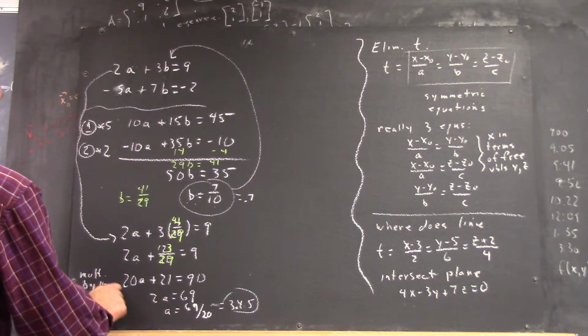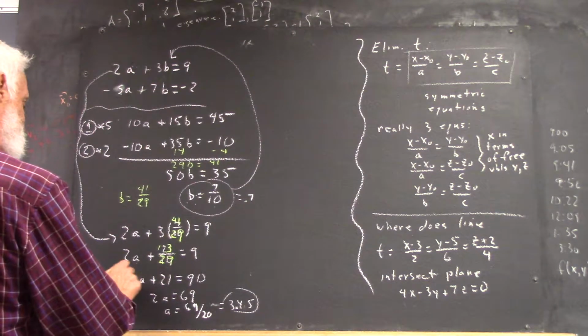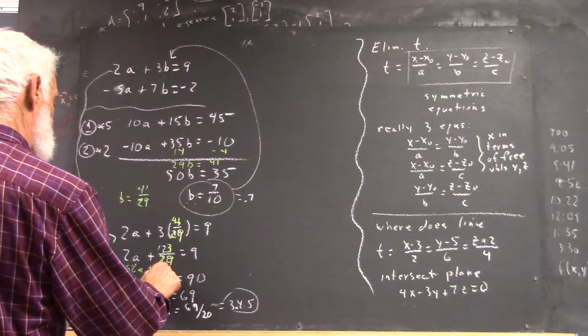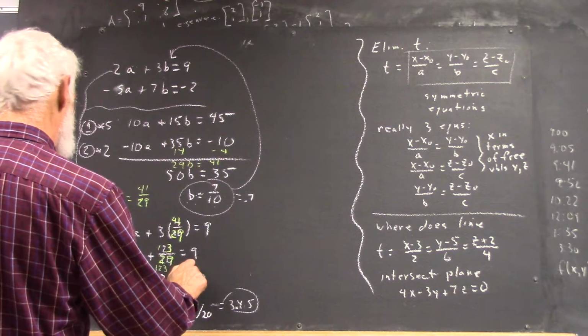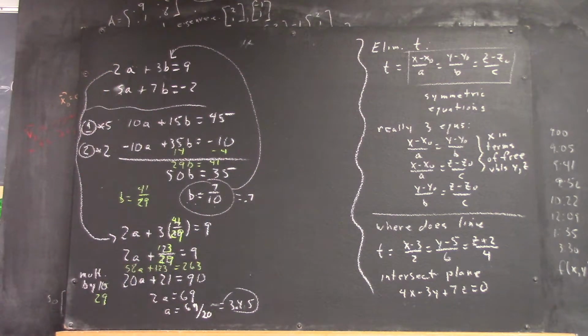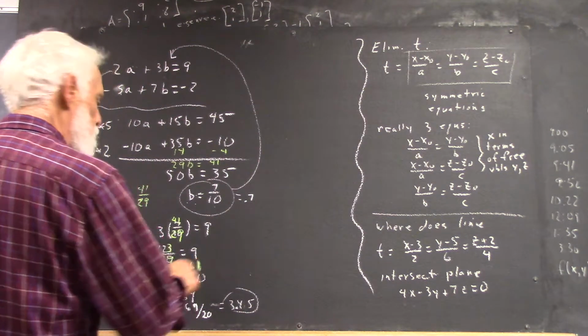And I'll multiply by 29, which is going to give me 58A plus 123 equals, oh good heavens, 263. No, wait, 29, 261. Boy, that would have been a terrible mistake. Okay.